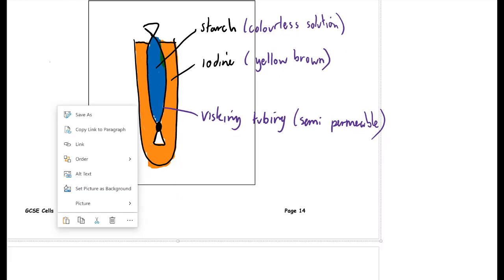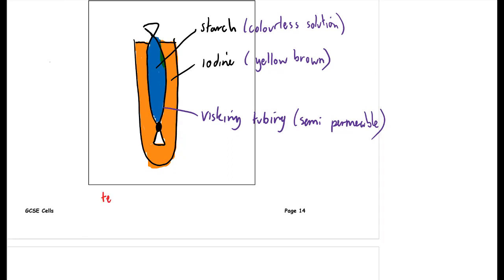Well, first of all, you might remember that the test for starch is iodine, and iodine will change from yellow-brown to blue-black if starch is present. So somehow the iodine, which was around the outside, has moved in here. But this is strange. Why has it gone blue-black on the inside and not the outside?